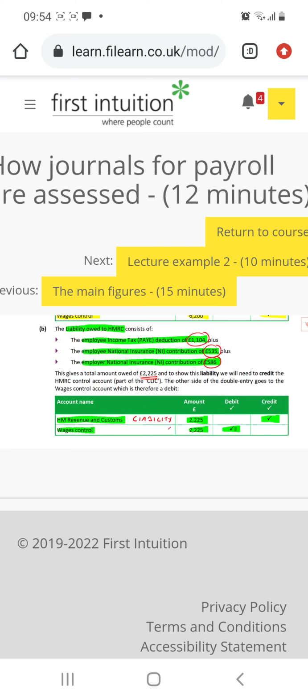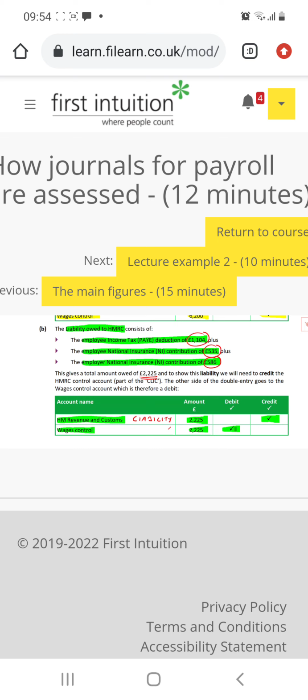That's the good thing here: once you've identified the bit of the entry you need, the other side is just wages control. So don't worry about wages control. Normally, if I was doing a journal, I would always write the debit before the credit in real life. That might just be the accountant in me that likes a bit of neatness and order. For the purpose of the assessment, it doesn't matter which way around you do it.